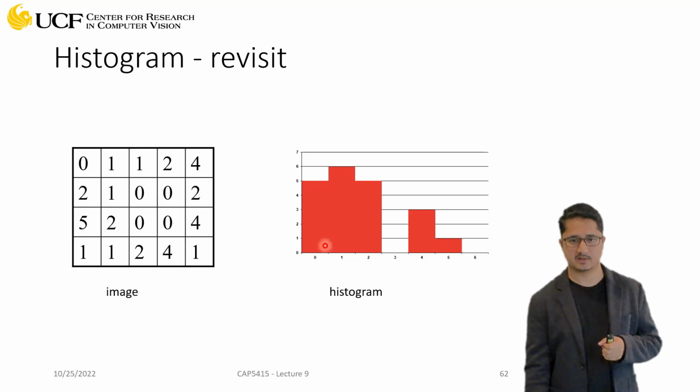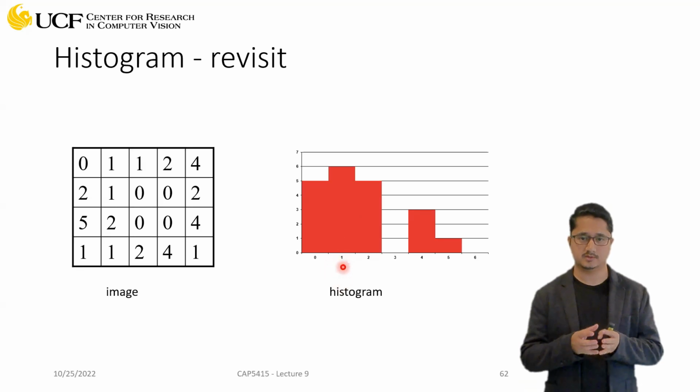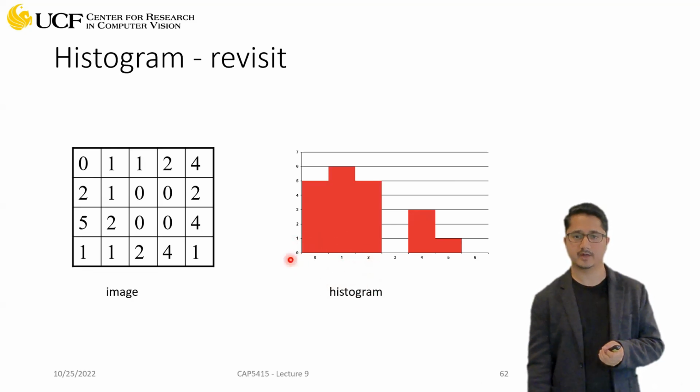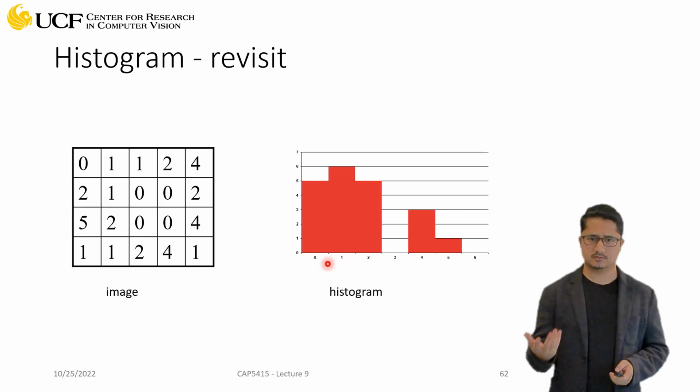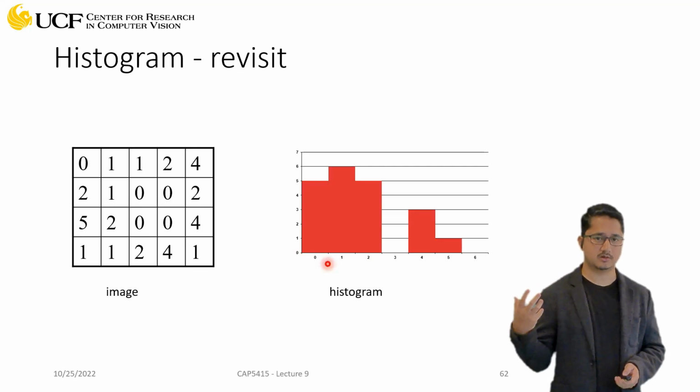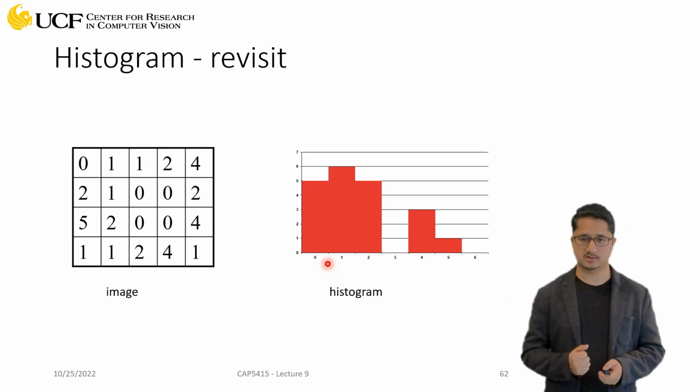One good practice is to have an equal number of values for each bin, so they will be equidistant. For example, in the earlier example, we had 2 values for each bin. That's the simple concept of histogram, and we will use this concept when we are extracting HOG features. So that's why it's really important to understand this.